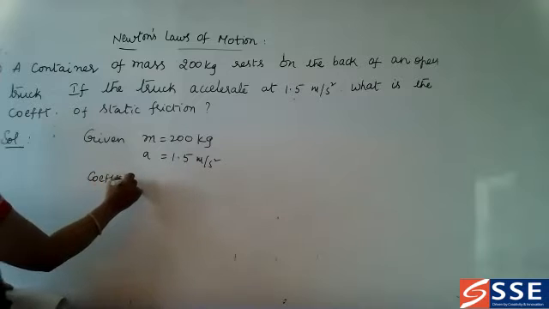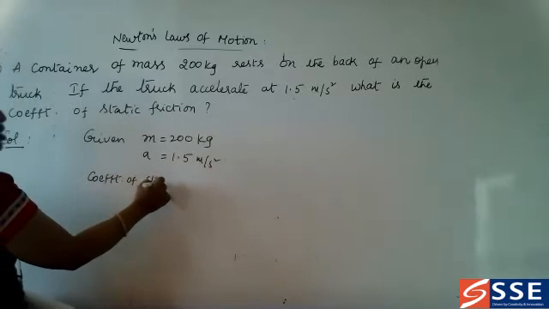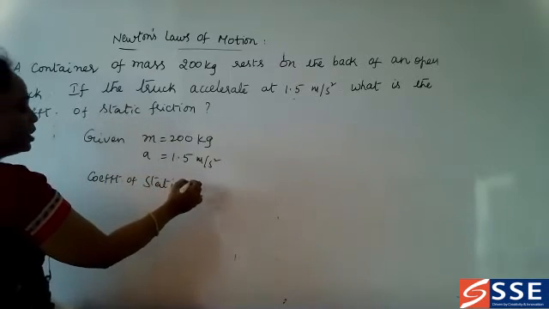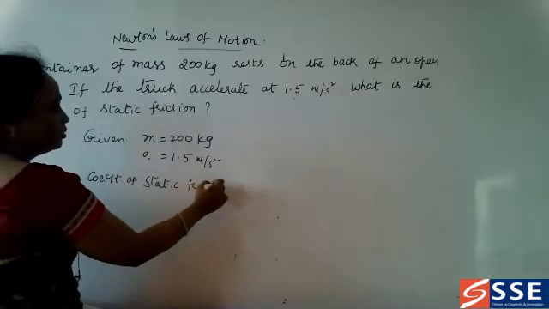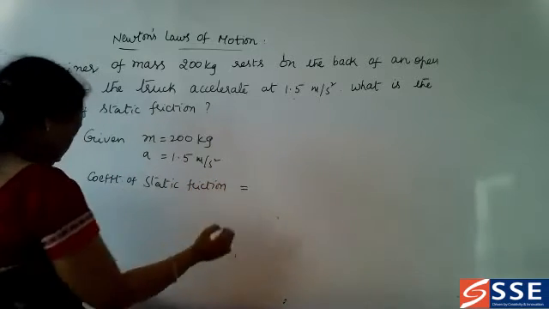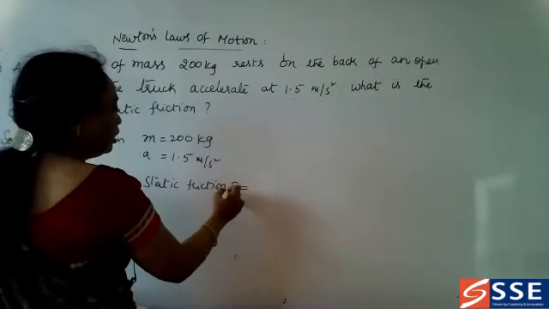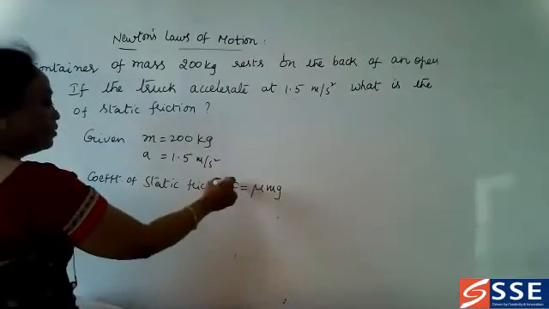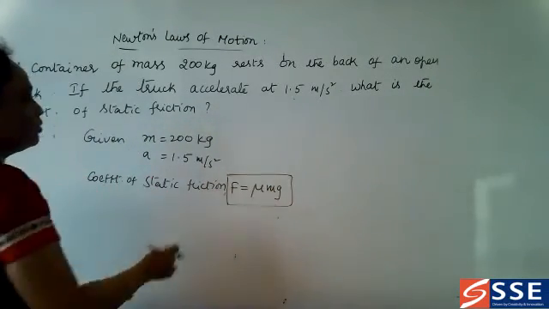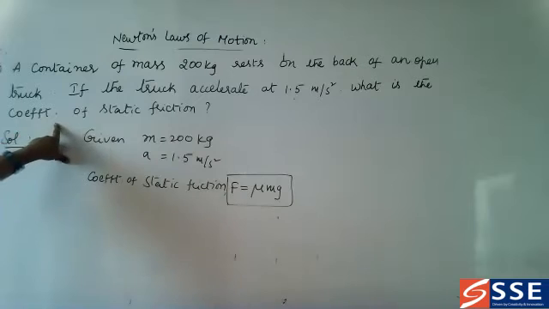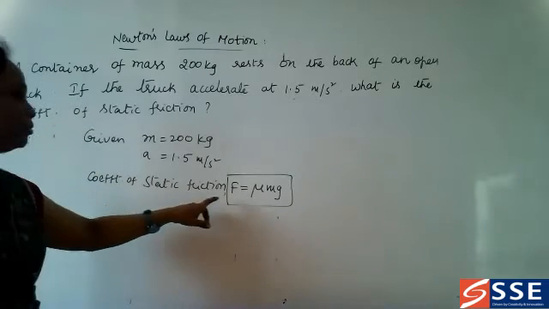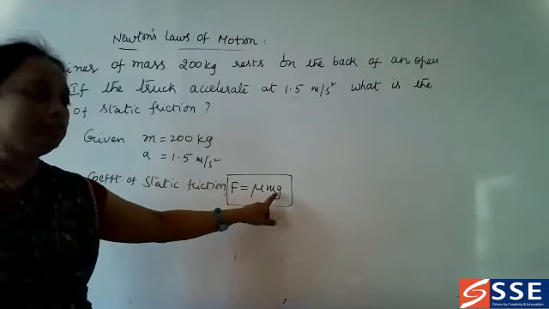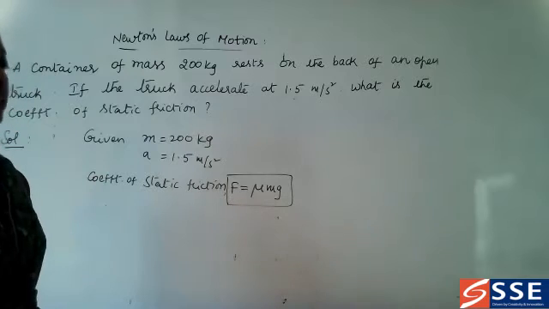The coefficient of static friction formula is F is equal to mu times mg. So in this case we have to calculate the coefficient of static friction, which is F equals mu into mg.